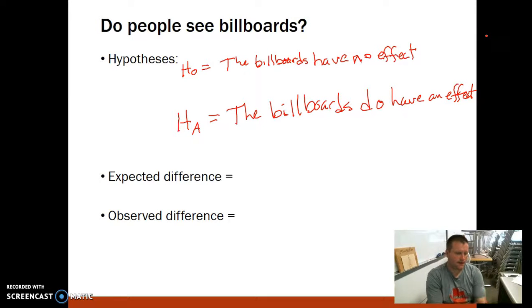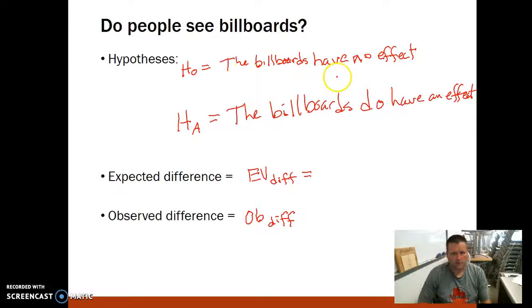Step number 2 is to find our test statistic. The only problem with this is when you're actually looking at two different samples, we could have two different ones. So what we're going to use is what we call the expected difference, our EV diff, and then we're going to find our observed difference. Our expected difference correlates with our null hypothesis, which says that there's no effect.